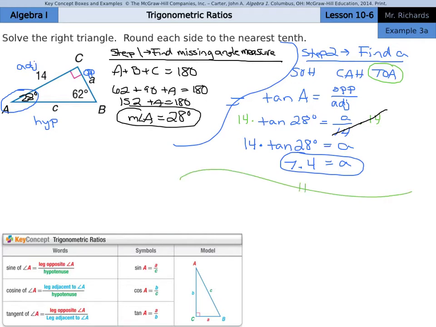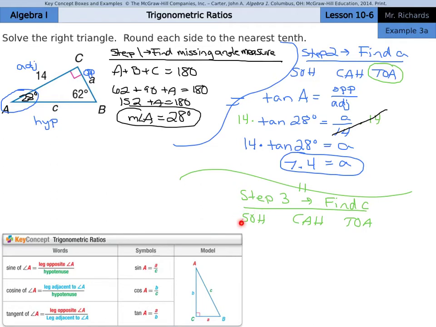Our last step, step 3, we have one more missing side to find. We need to find C. And if I start off with my relationships again, SOHCAHTOA. If I'm looking to find C, C is the hypotenuse. And we are given the adjacent, so let's stick with the adjacent and the hypotenuse here.